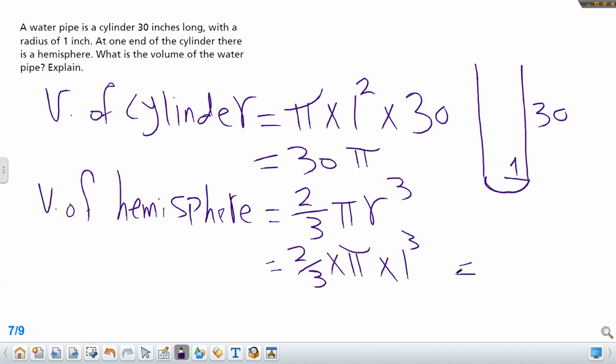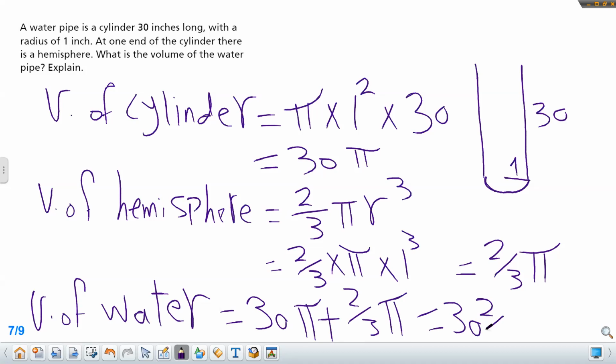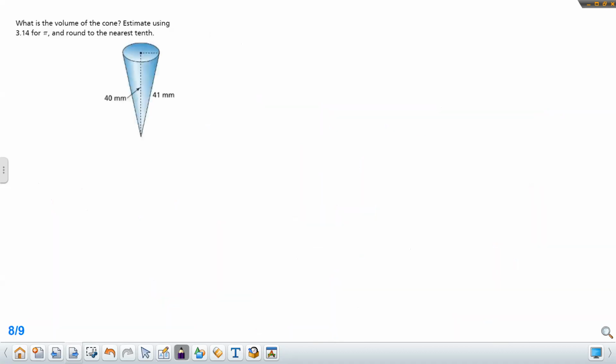So if you evaluate it, it will be 2 over 3 pi. So what is the volume of the water? Volume of water equals the sum of them, 30 pi plus 2 over 3 pi. It will be 30 and 2 over 3 pi.